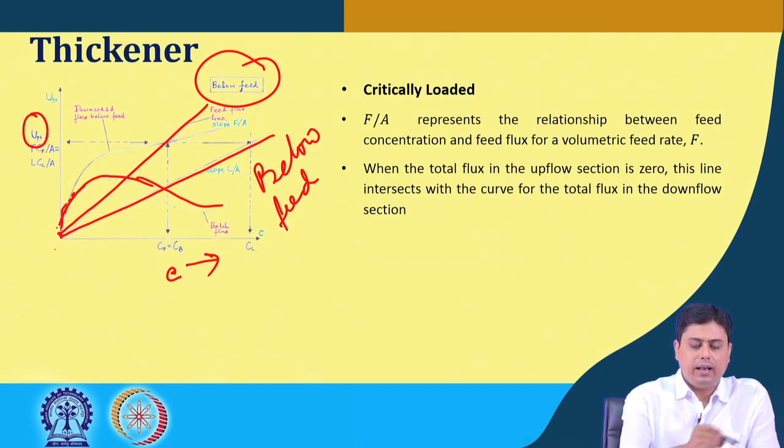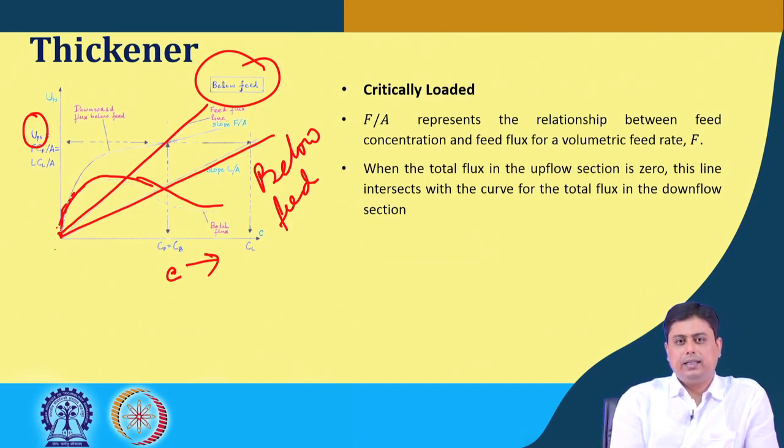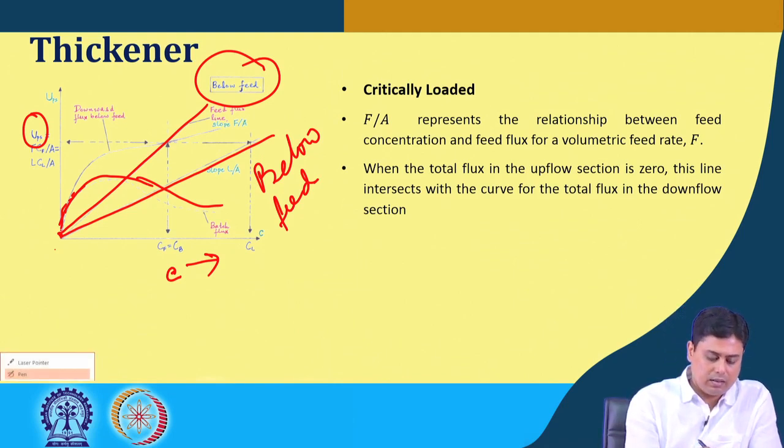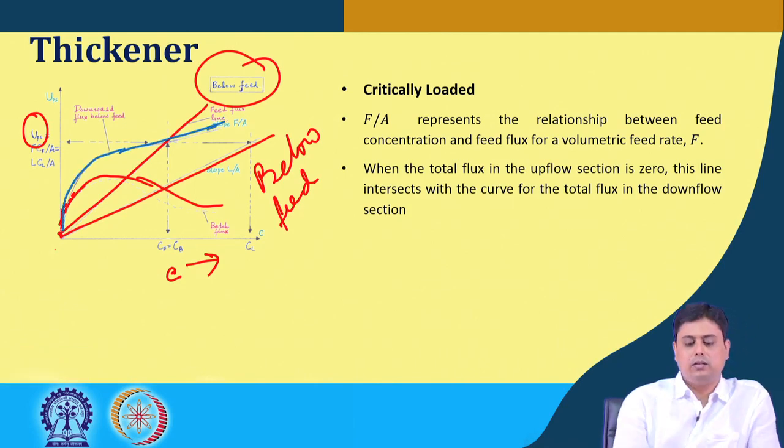And then, like we have seen earlier, the batch settling flux plus the bulk flux gives us the downward flux of the suspension below the feed, which is the resultant, this one.